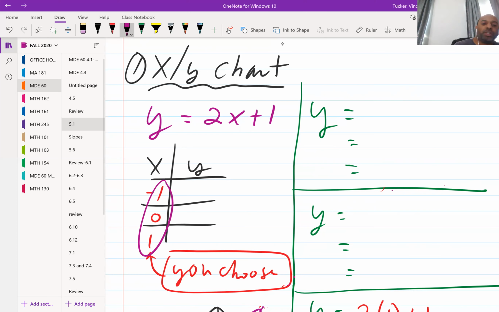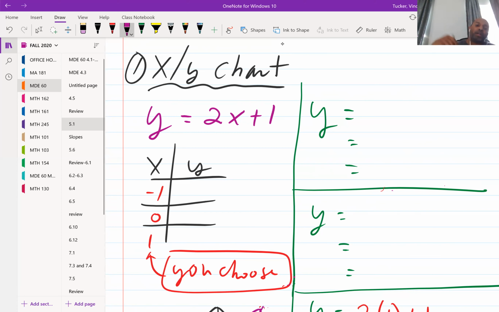I chose -1, 0, and 1, but the x values to plug in are completely up to you. Just remember that you have to graph it. If you're talking about going to 150 and then 1 million, that's fine, but you have to graph it, and you'll see why it doesn't matter in a second. It doesn't matter as long as you correctly calculate it and you have the ability to graph. So like I said, I choose something easy: -1, 0, and 1.